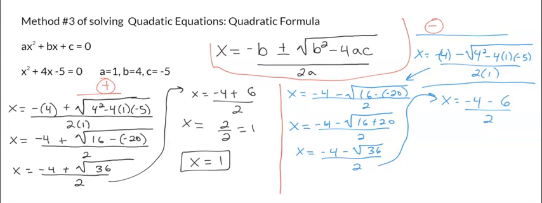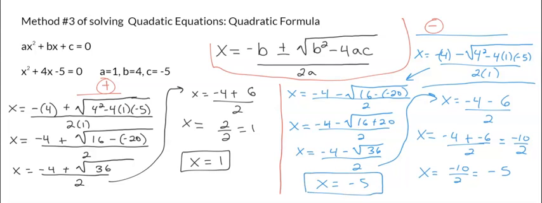It's actually negative 4 plus negative 6 over 2, which is negative 10 over 2. And negative 10 over 2 is negative 5. Okay? So x is either negative 5 or 1.